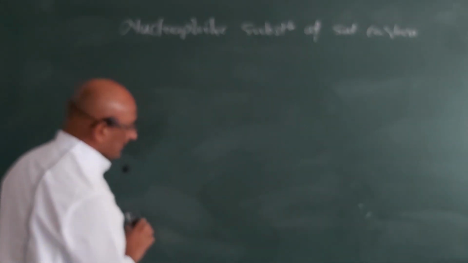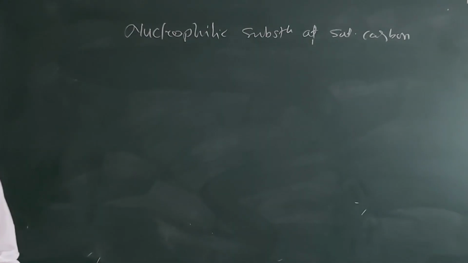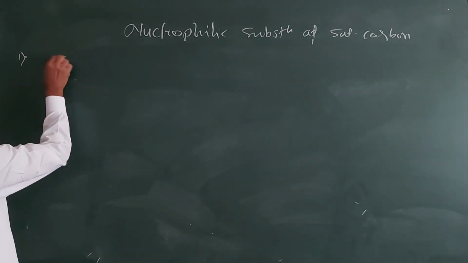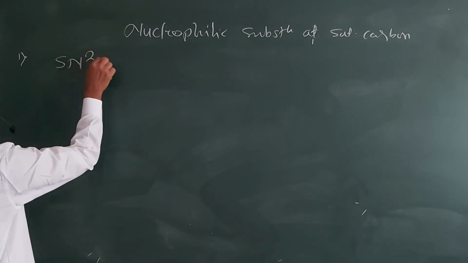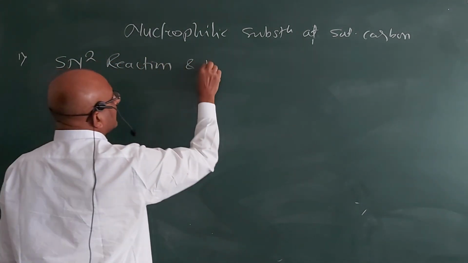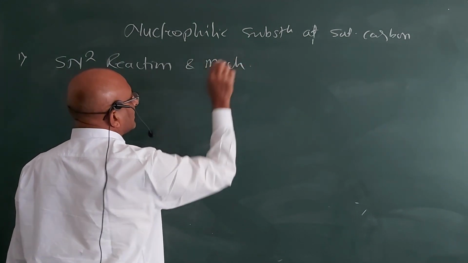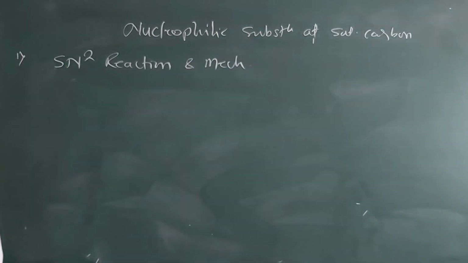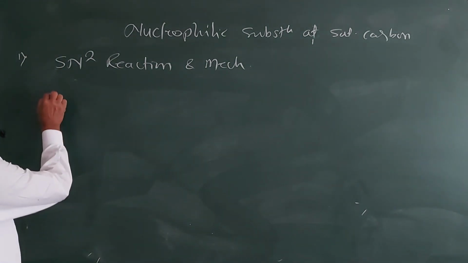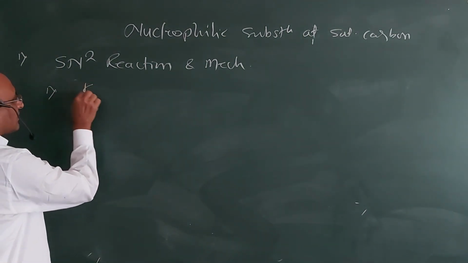And here the first reaction that we want to study is the SN2 reaction and mechanism. And so here in the very first step we will study the kinetics of the reaction.